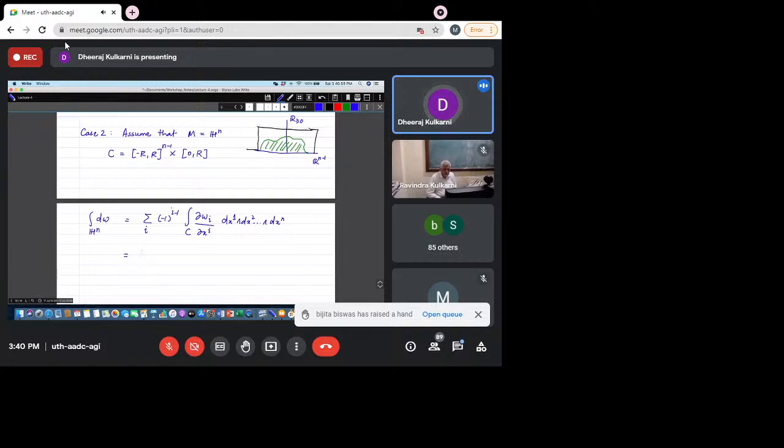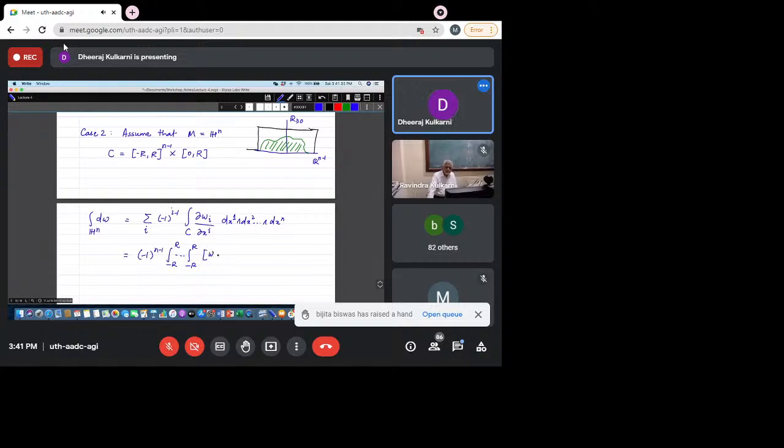So that is the term (-1)^(n-1) times the integral. Now let's expand this integral. It will be minus r to r, minus r to r, and we are integrating with respect to the nth spot.